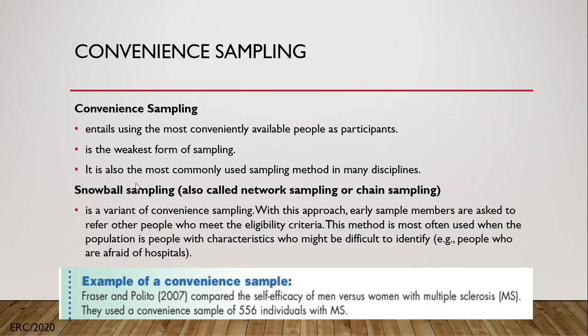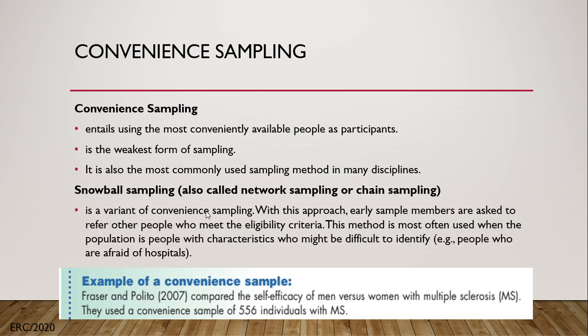Okay, so let's move with the snowball sampling. It is also called as network sampling or chain sampling. Okay, is a variant of convenience sampling. Okay, just like convenience sampling. Okay, with this approach, early sample members are asked to refer other people who meet the eligibility criteria.